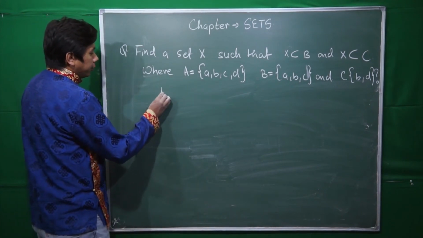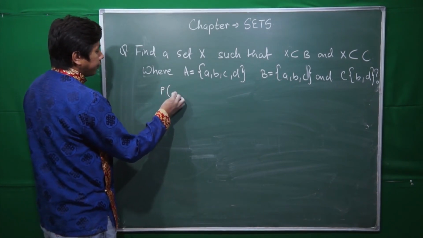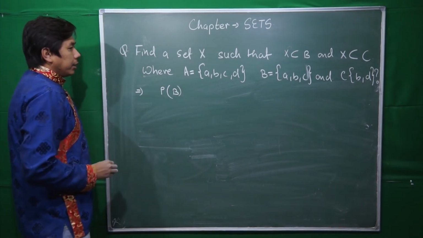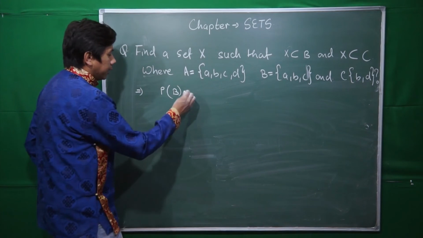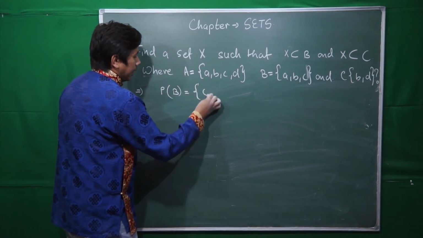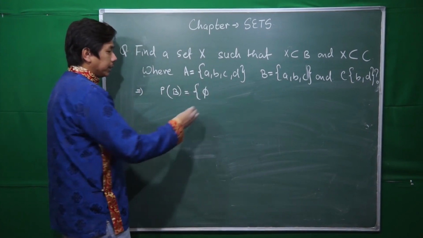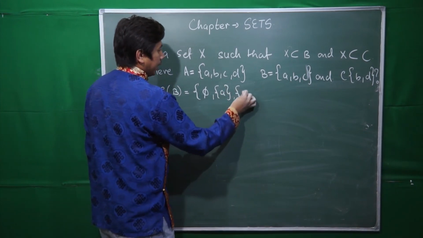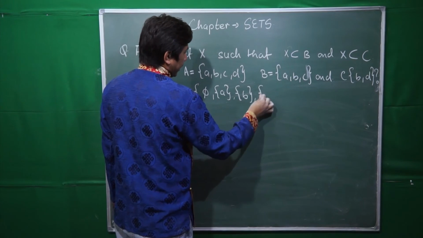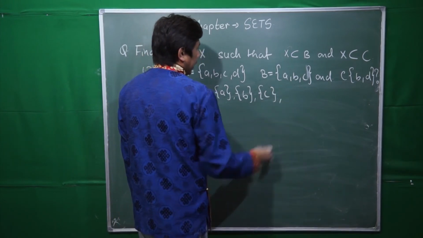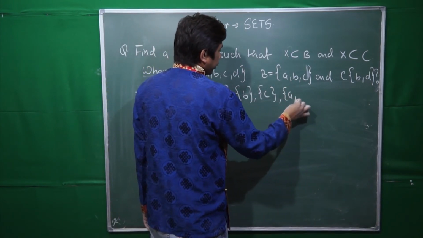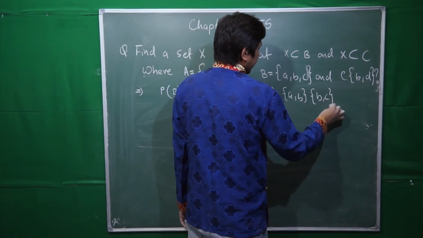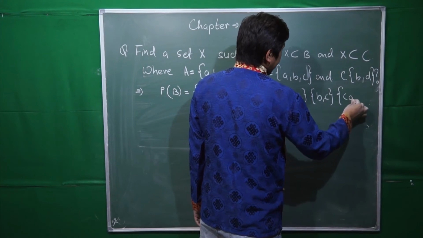So what we need to do, we have to find the power set of B. Okay. So what is the power set of B? Equals a null set. As always, we have singleton sets {A}, {B}, and {C}. Okay. Likewise, we have the combinations {A, B}, {B, C}, and {C, A}.